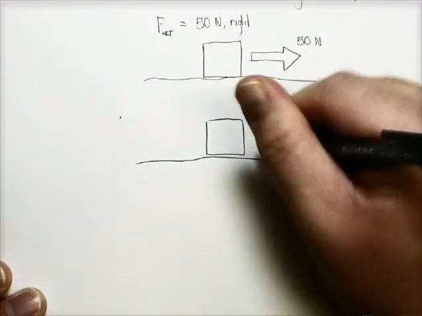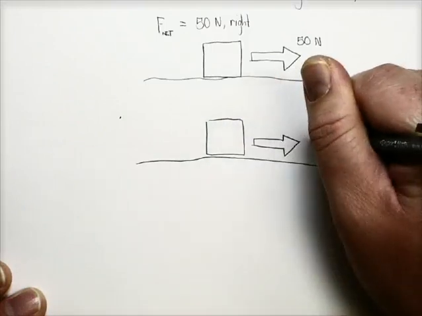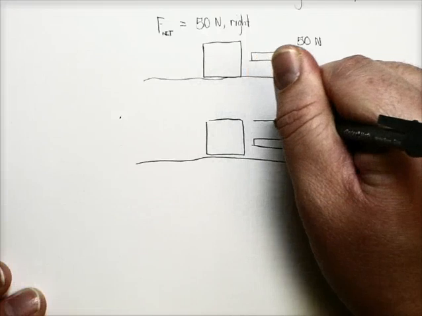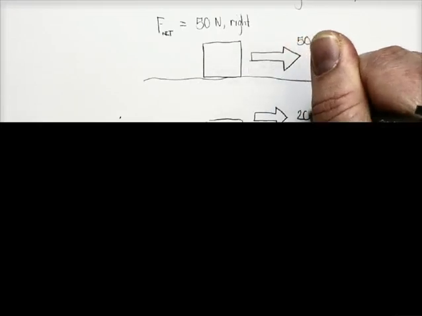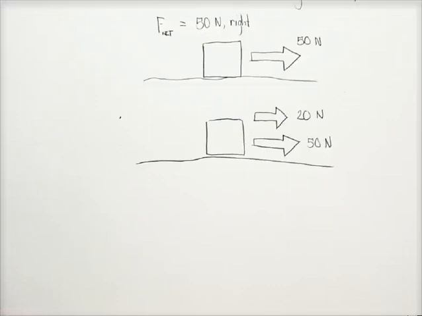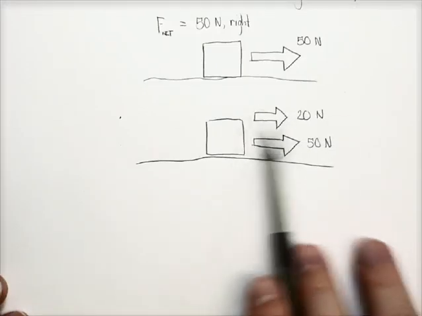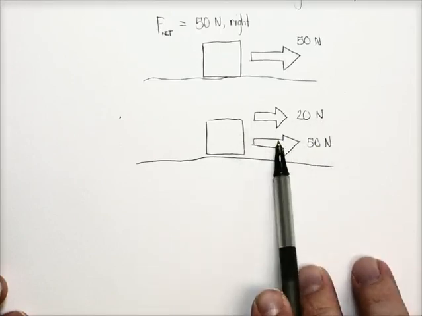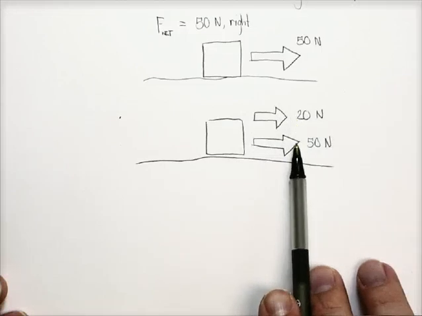So let's suppose I'm still pushing with 50 newtons of force, and a buddy of mine helps out and is now pushing with a 20 newton force as well. Anytime we have forces acting in the same direction, those forces will act just like one force equal to the sum of those.